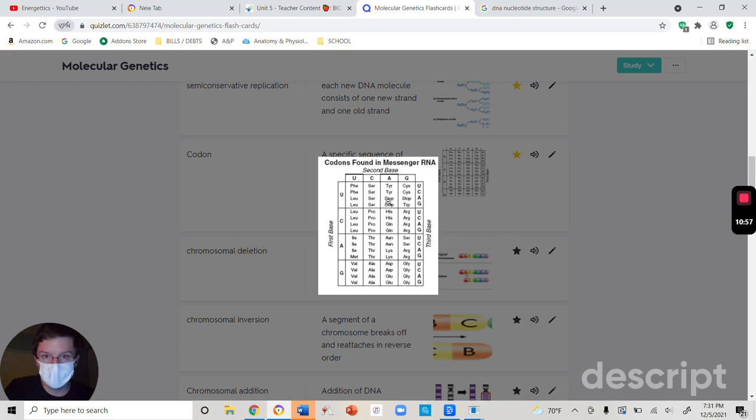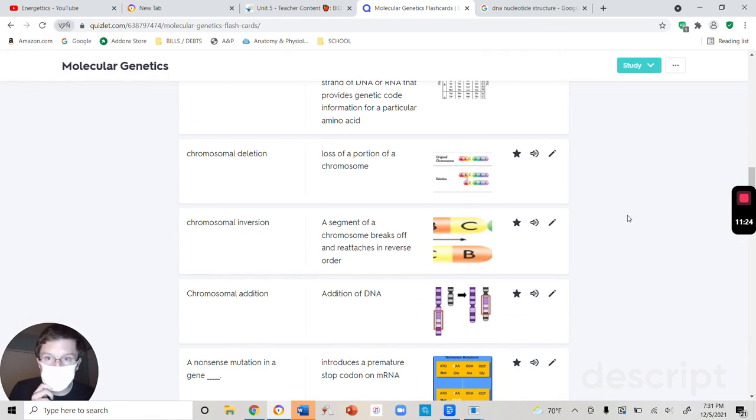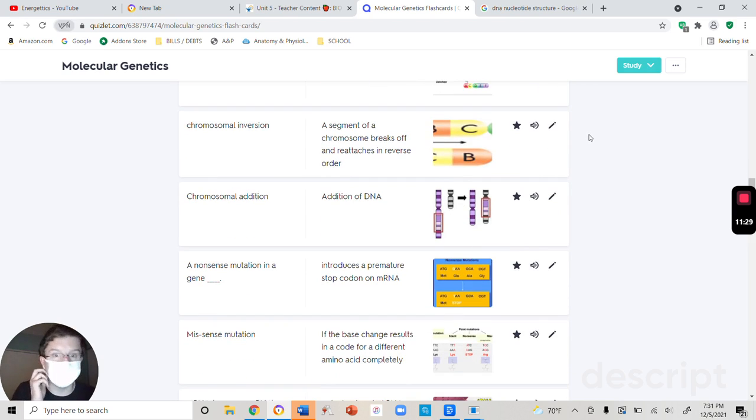So if we had a U, an A, and a C, we get tyrosine. But if we had a nonsense mutation that turned that C into a G, instead of tyrosine, we'd have a stop codon instead. So that would be a nonsense mutation. It's a mutation that would have us making a stop codon too early.